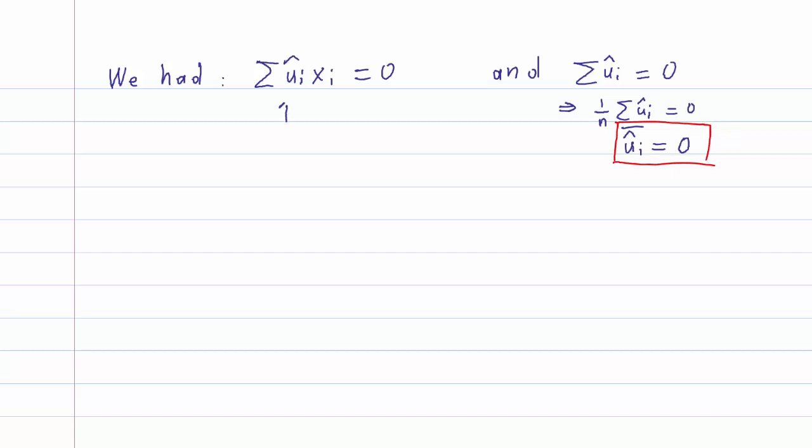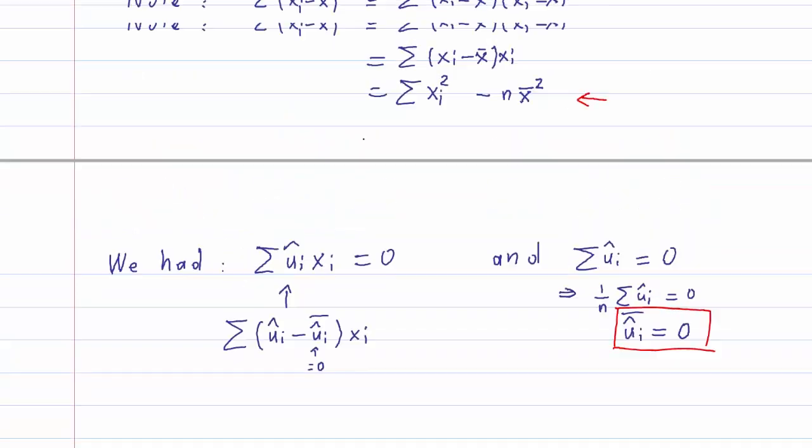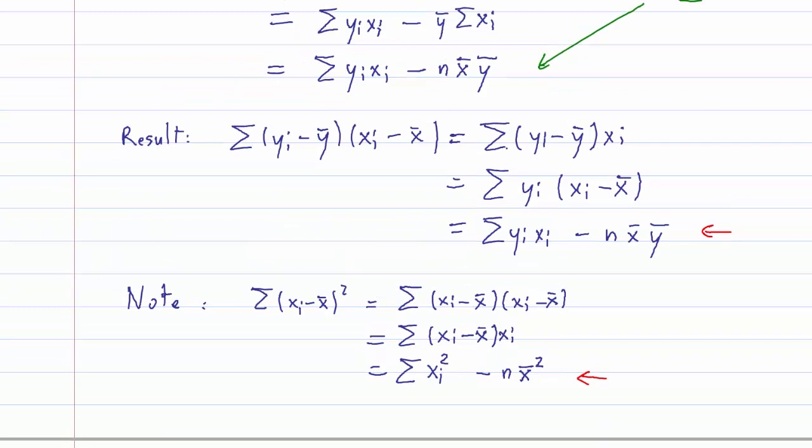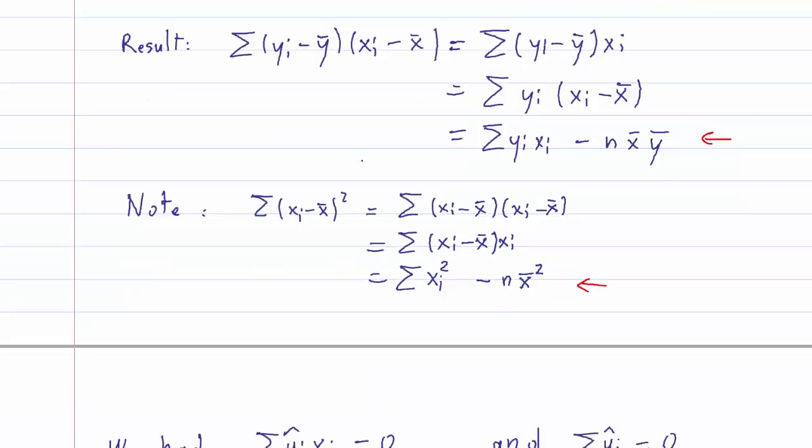So if we come back to the first equation, we can rewrite this as the sum of (ui hat minus ui hat bar), because this is equal to 0, times xi. And if we come back to the result we have, it's basically the sum of a variable minus the mean times another variable. So we can write the long form here.